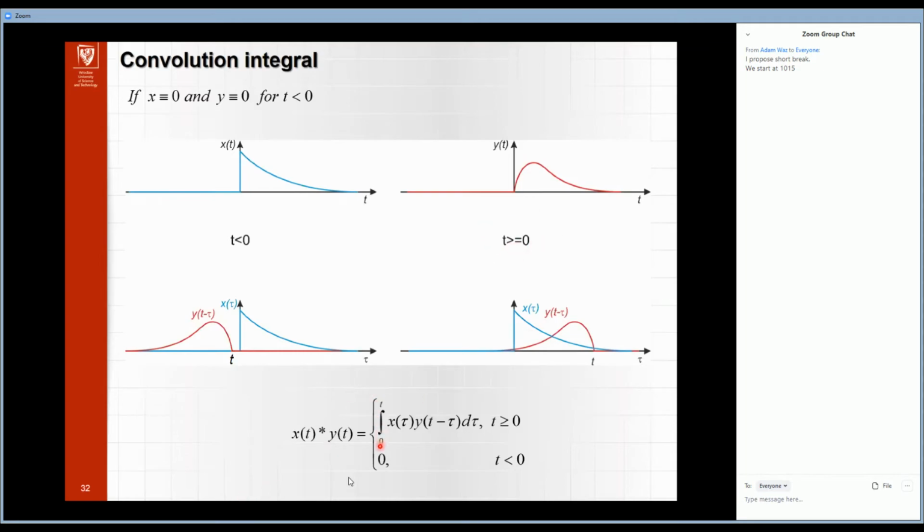So here the convolution is equal to 0 for t less than 0, and it is not 0 in this region.